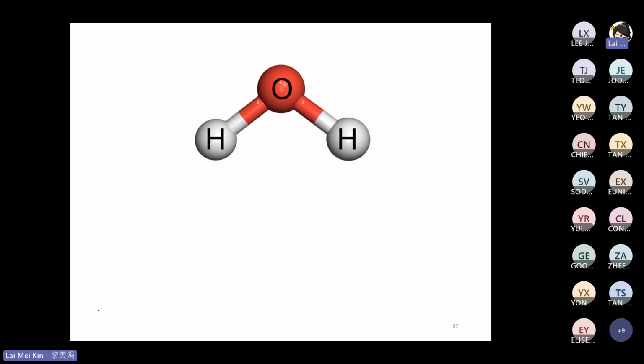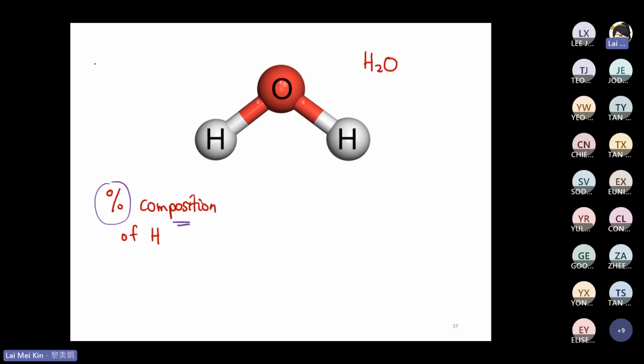Okay, let's say I have water. Water is H2O. And I want to know what is the percentage composition of hydrogen in water? What does percentage composition mean? Percentage, of course, you know, is a percent.